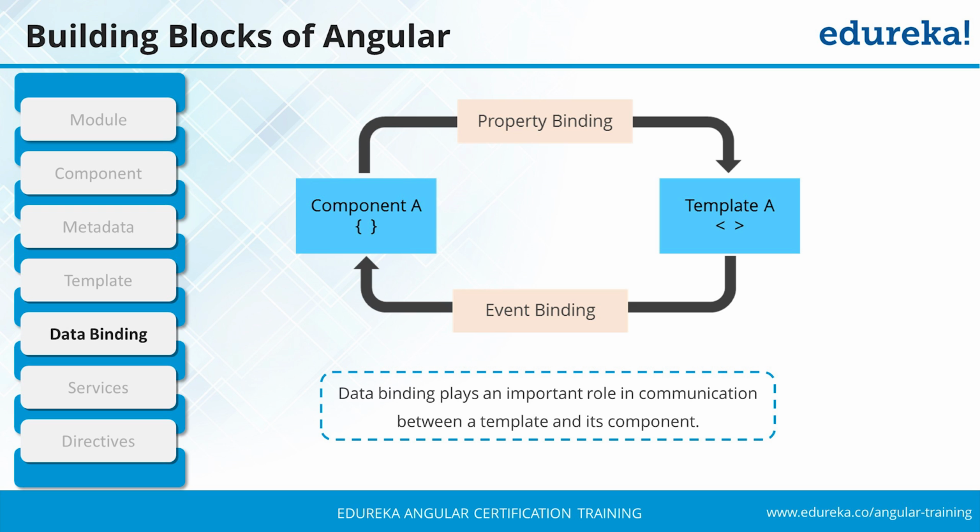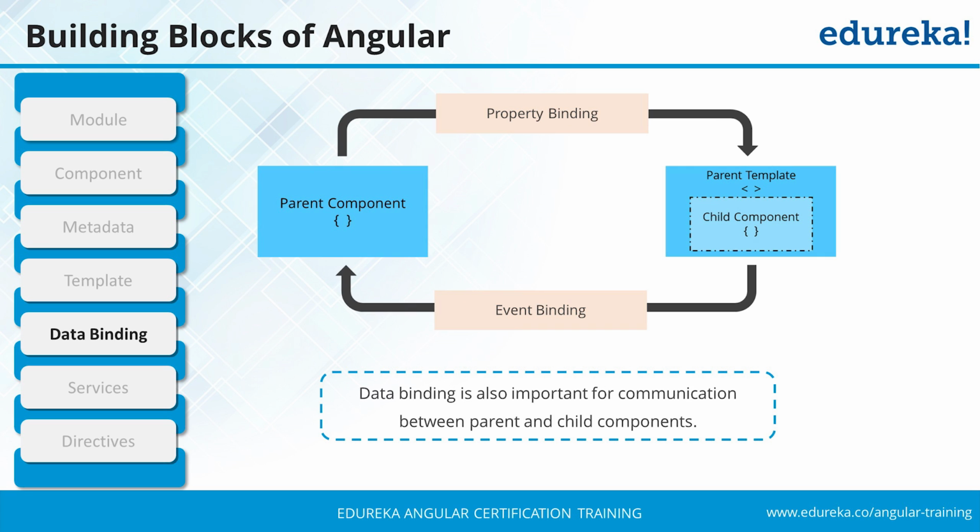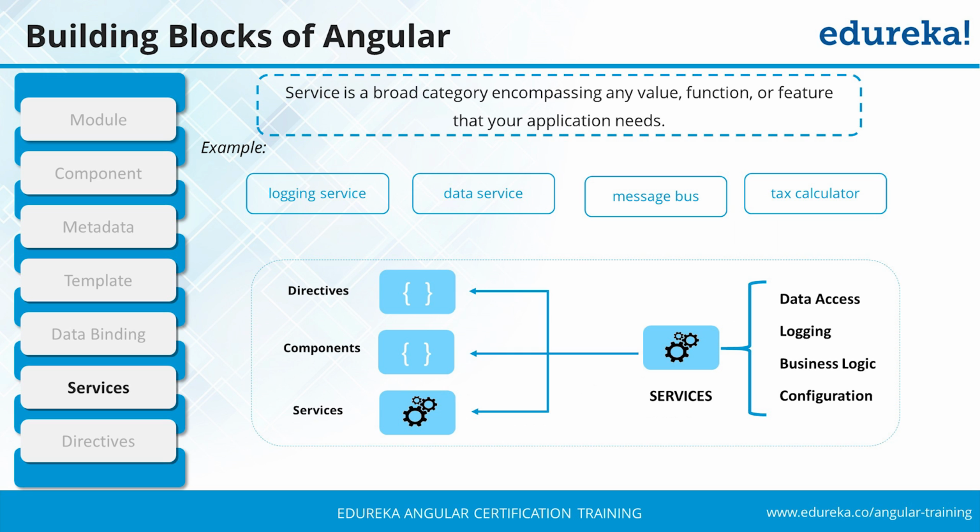Event binding is from template to the component for capturing any kind of changes. Maybe it might be data or any kind of user events, etc. Great. So data binding is also important for communication between parents and children. There is a metadata called input, which will pass data into the child, and that is done with something called property binding.